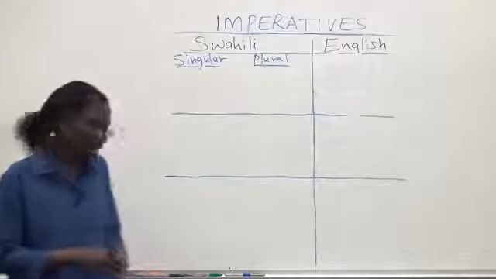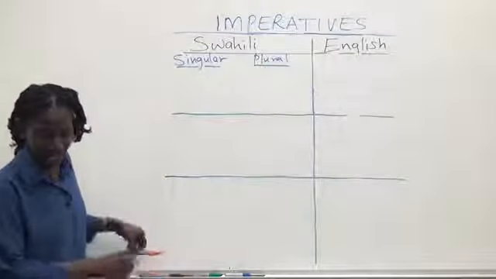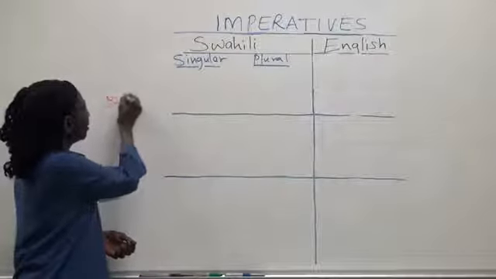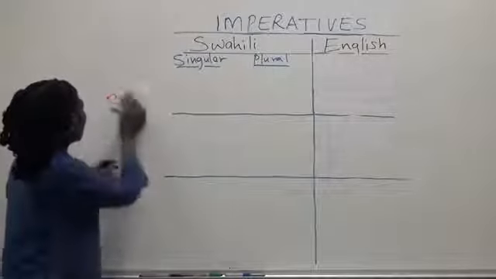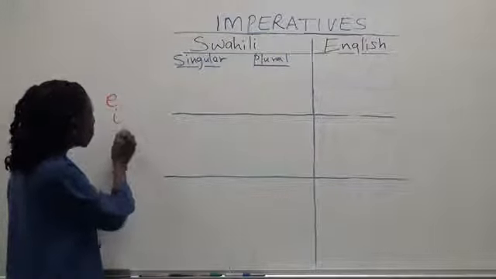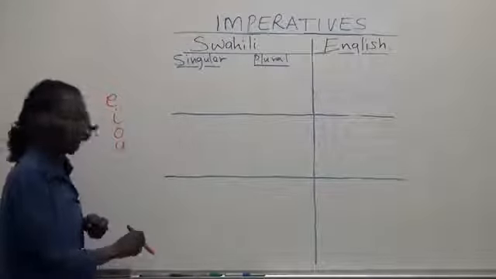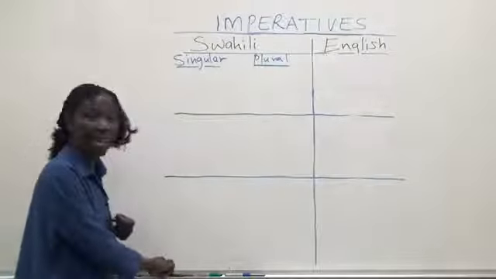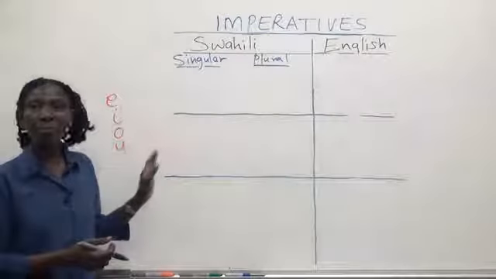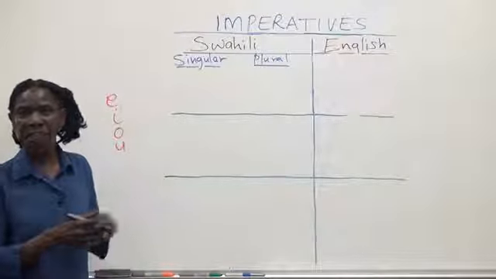Okay, now if the verb stem ends in other letters such as e, i, o, or u, other than the letter a, as we explained before, the verb stem does not undergo any changes.